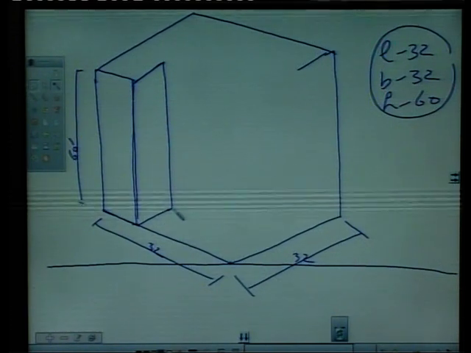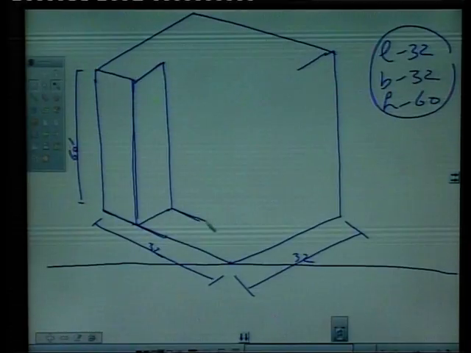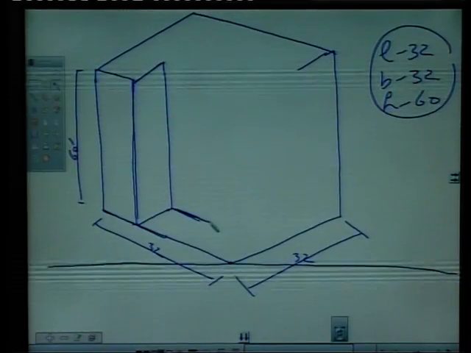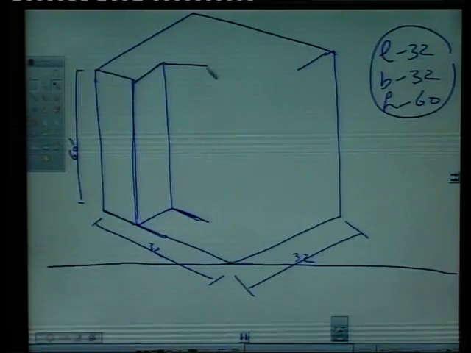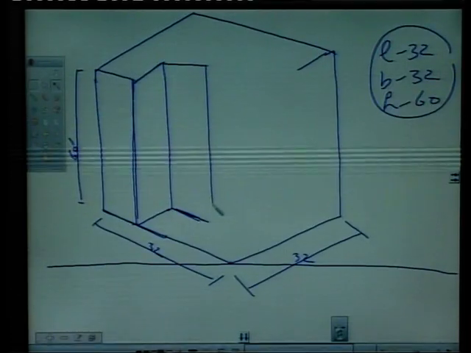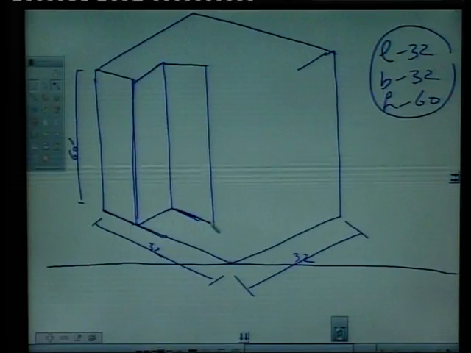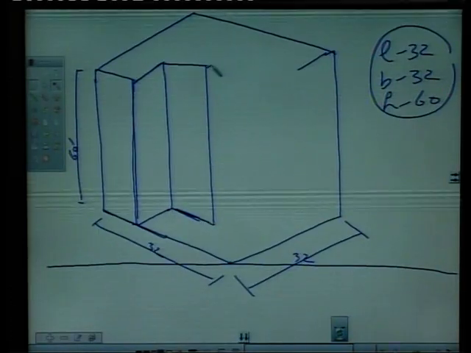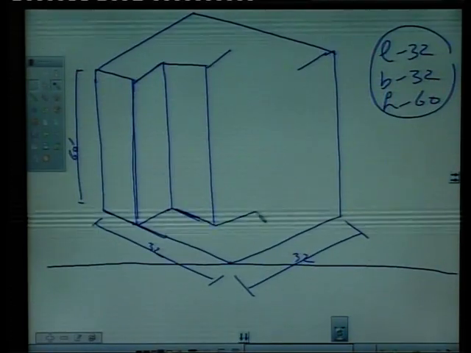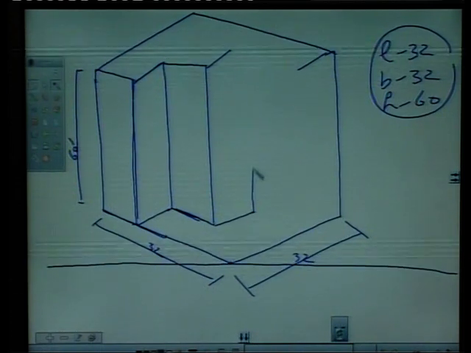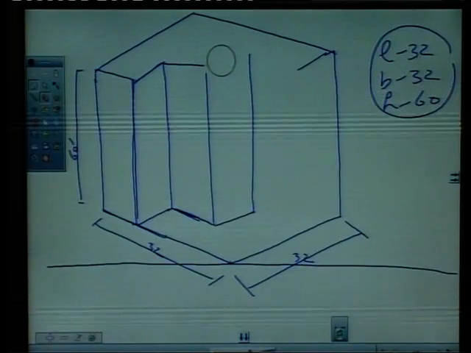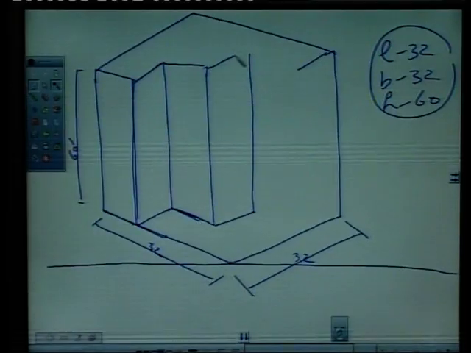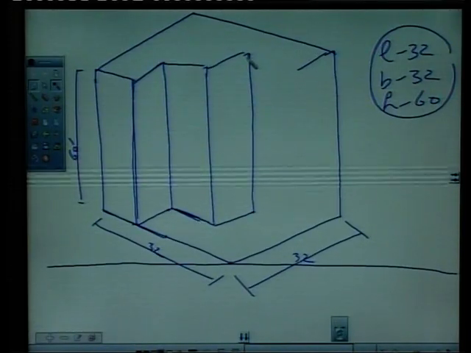Then again draw a parallel line like this at 30 degrees towards the left from here also, right? And again draw a vertical line like this, because vertical lines remain vertical, right? Again there is an offset something like this, draw a parallel line like this, draw a vertical line, because vertical lines remain vertical, right?